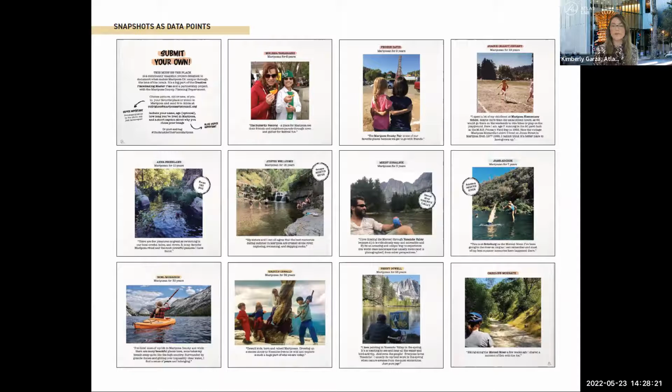And this was all collected on social media and shared on Instagram. And then all that data was collected, and it was really fantastic because it was all the community coming together and sharing their favorite moments about the place that they live in while providing key information to this survey.